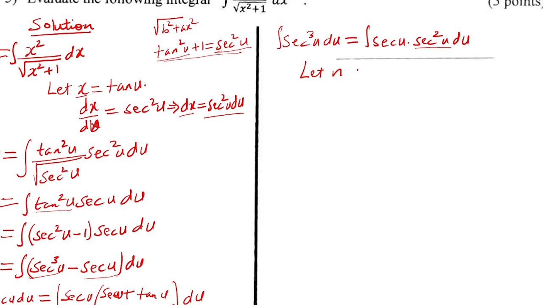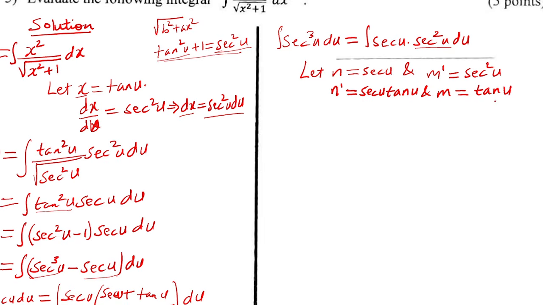Let n be sec u and m prime be sec square u. Then what's n prime? The derivative of sec u is sec u tan u, and the antiderivative m is tan u.